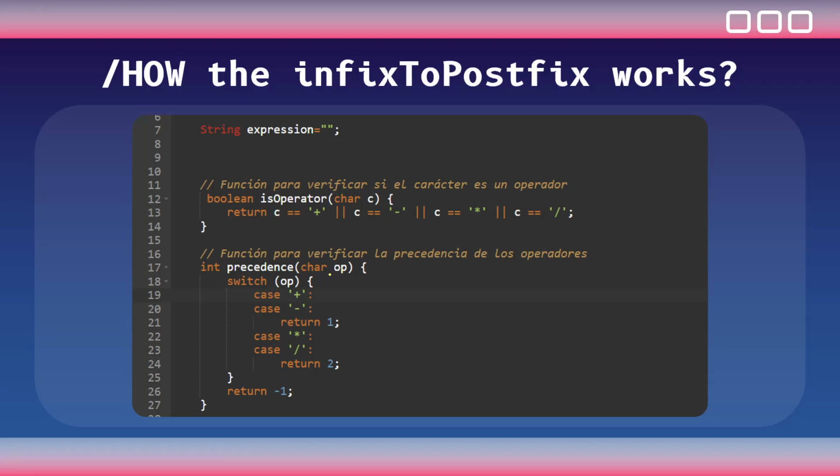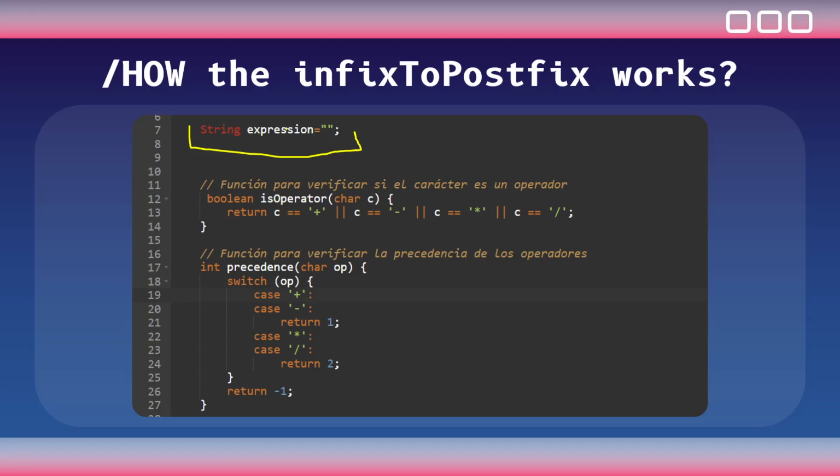We'll use this char to evaluate if the operation is part of the first hierarchy of the operations, plus and minus, or the second level in the hierarchy, times or divide. It returns 1 or 2. And if the char is not an operator, in this case it returns minus one.